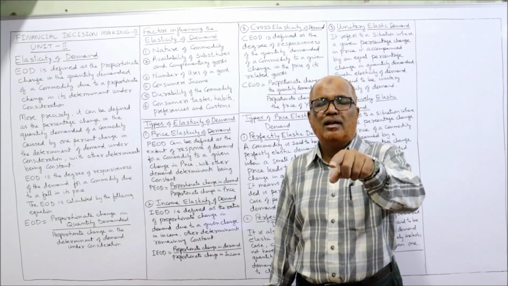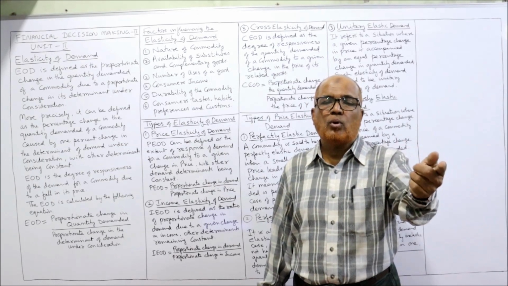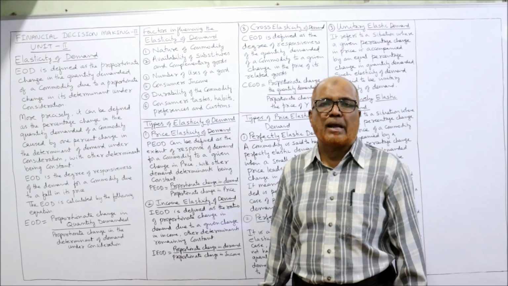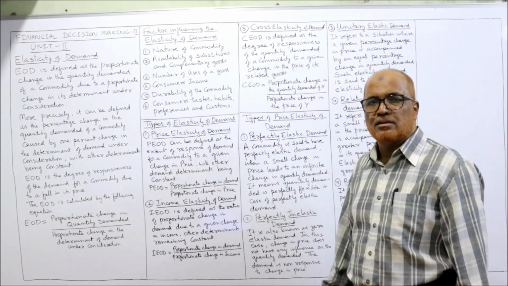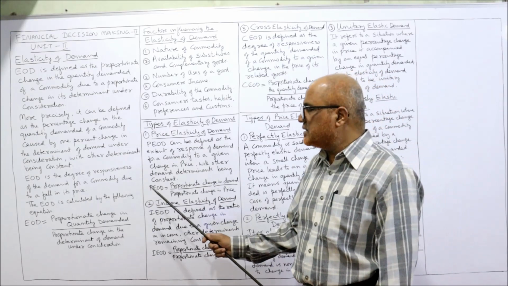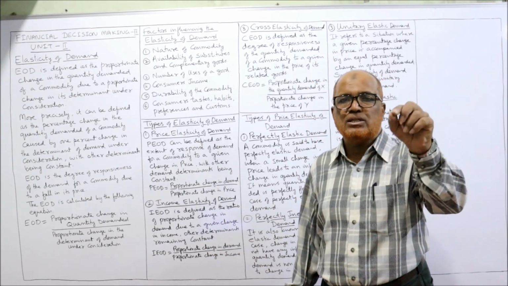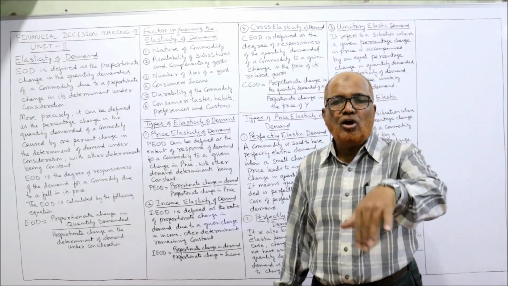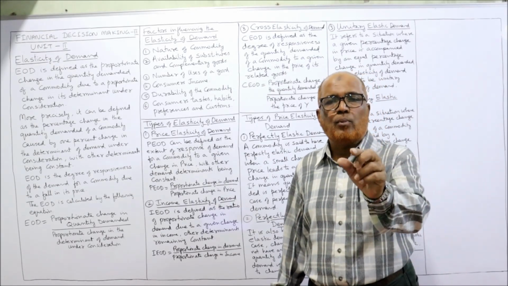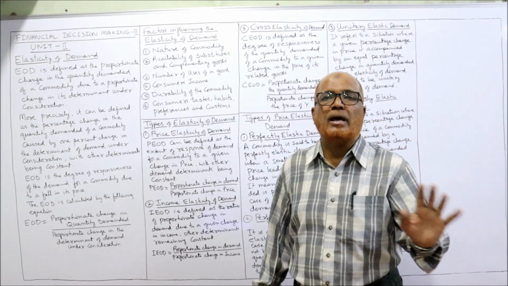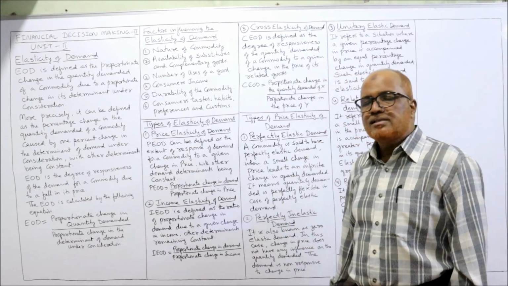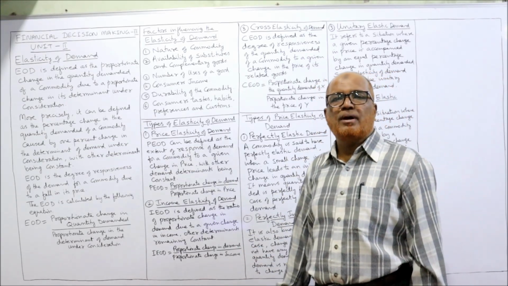Proportionate change in demand due to a proportionate change in price. That is called price elasticity. So what is the formula to calculate price elasticity of demand? In the numerator we take proportionate change in demand and in the denominator proportionate change in price. That's all.